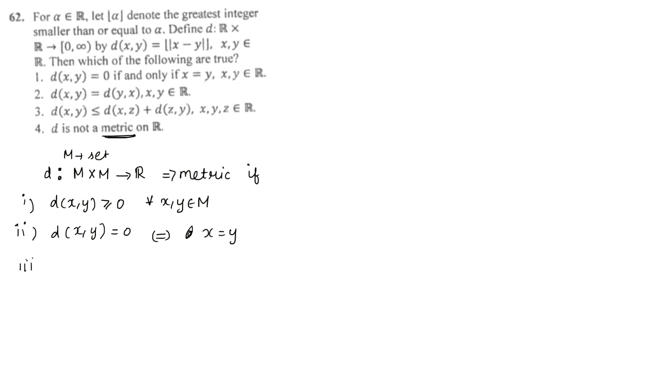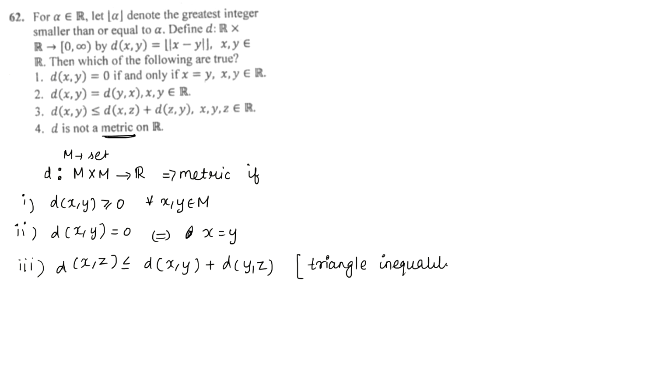Third, d of x comma z is less than or equal to d of x comma y plus d of y comma z. This is known as the triangle inequality. And the last one is d of x, y is equal to d of y, x.